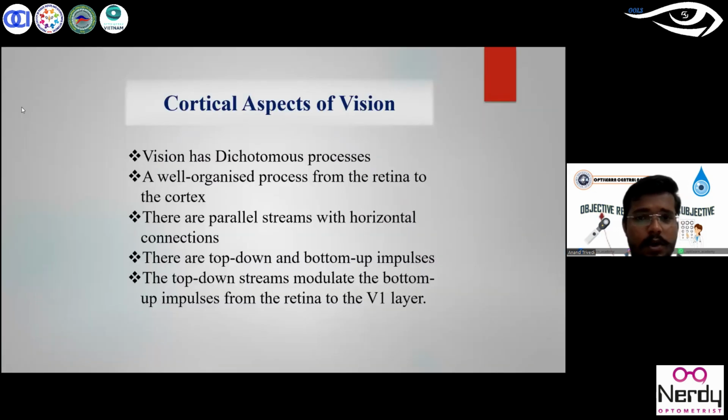So what are the cortical aspects of vision? Vision has a dichotomous process, a well-organized process from the retina to the cortex. There are parallel streams with horizontal connections. There are top-down and bottom-up impulses. The top-down streams modulate the bottom-up impulses from the retina to the V1 layer.